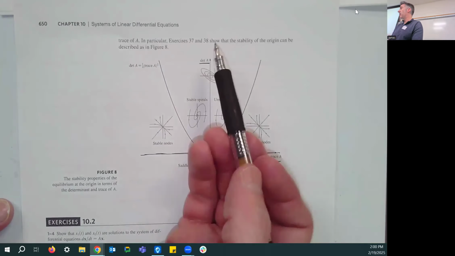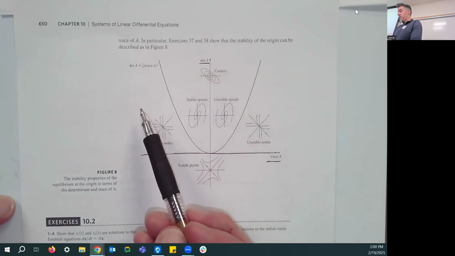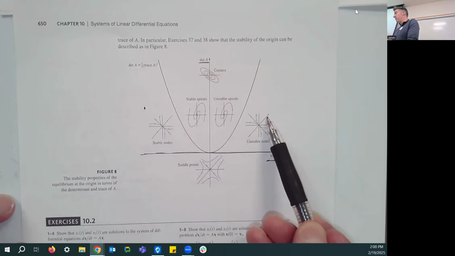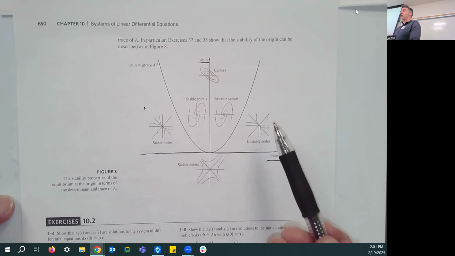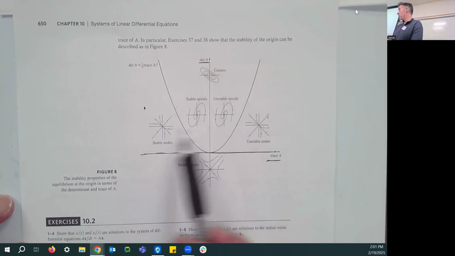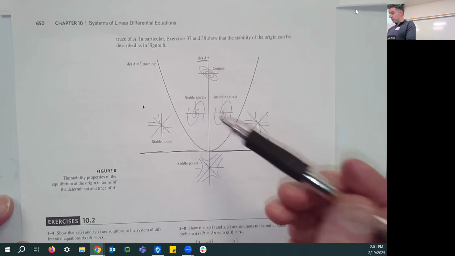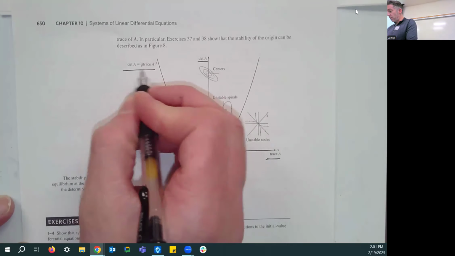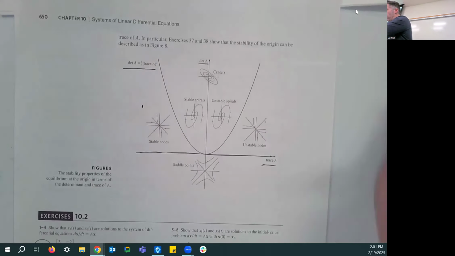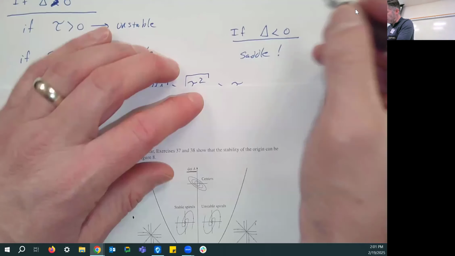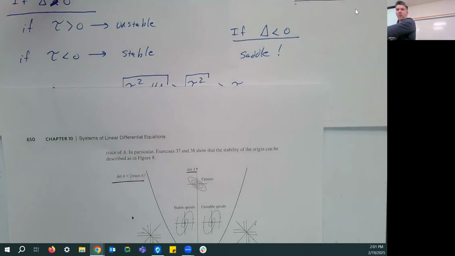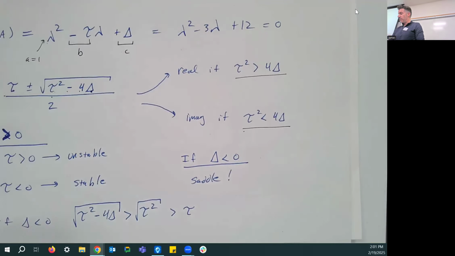If your determinant is positive, you have either stability if your trace is negative, or instability if your trace is positive, and then depending on whether your determinant is big enough or not, you get spirals or you get nodes. If your determinant is larger than 1/4 the trace squared, which just corresponds to whether or not this quantity here is positive, right? If the trace squared is bigger than 4 times the determinant or not. You can't see what I'm pointing to, apologies. That's the same thing as that.